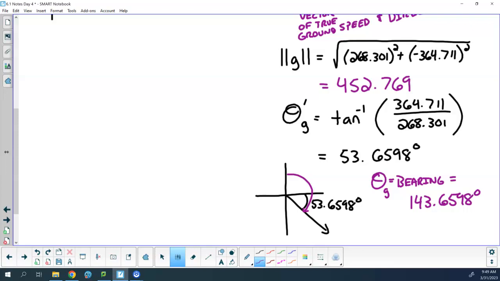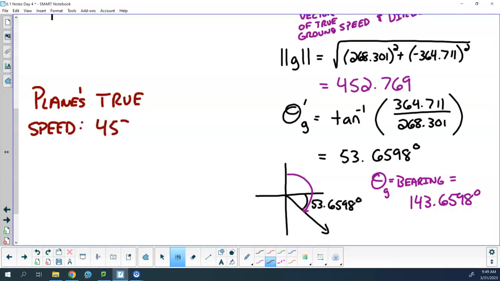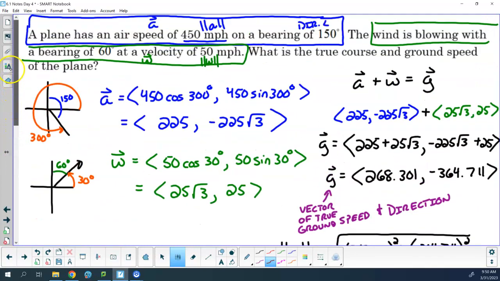Okay? So in the end here, the plane's true speed would be 452.77 miles per hour, which means the wind is helping us, because it's pushing us along.